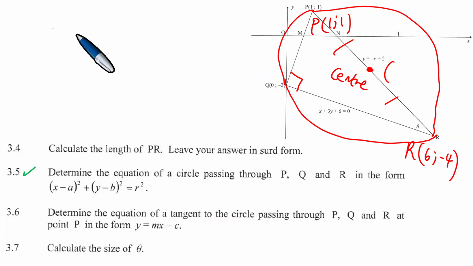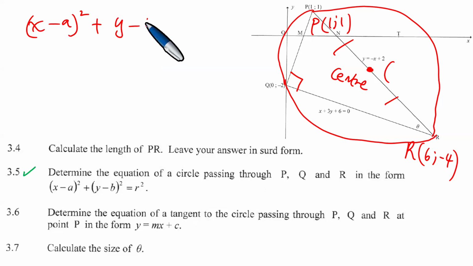The equation of a circle is in this form: x minus a squared plus y minus b squared equals r squared. The answer must look like this. But we just need the center.